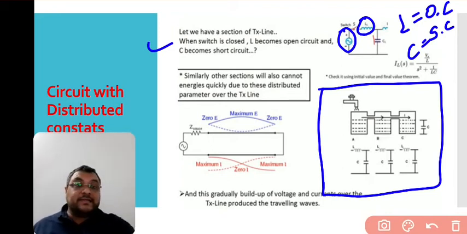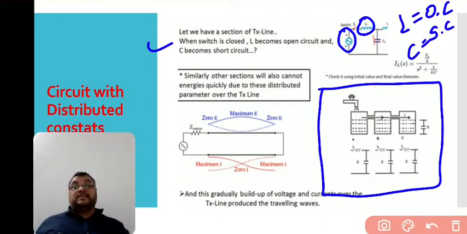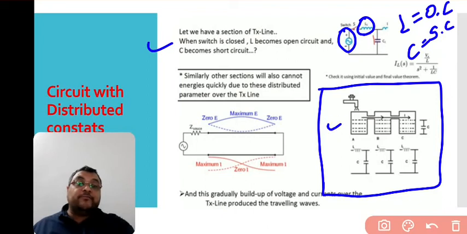We consider this water tank as our transmission line with the distributed parameters L and C. What happens here is that tank 1 is filled and then the water is passed to tank 2, and when tank 2 is filled with water, it will transmit it towards the end. So the final stage reaches the power when tank 2 is filled with water.